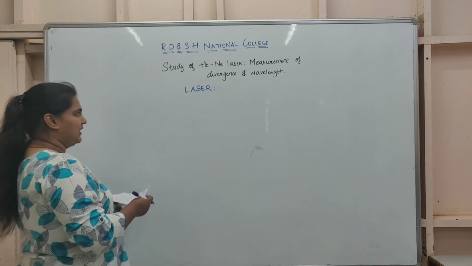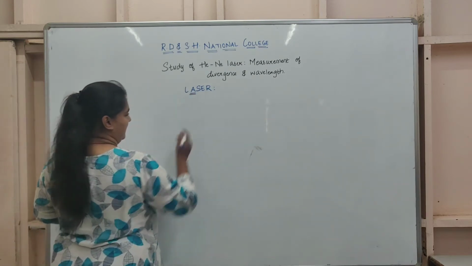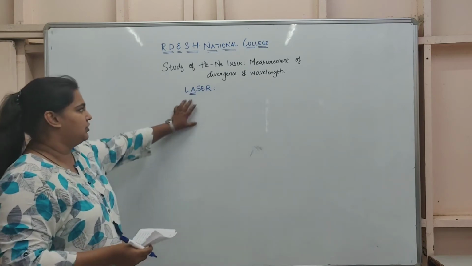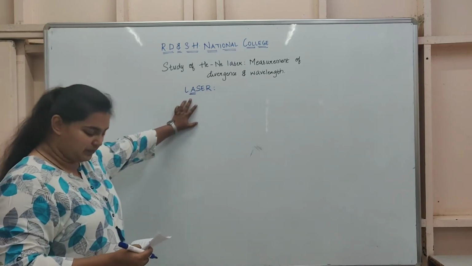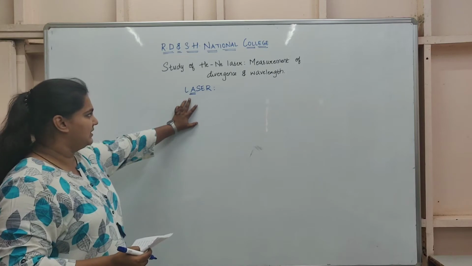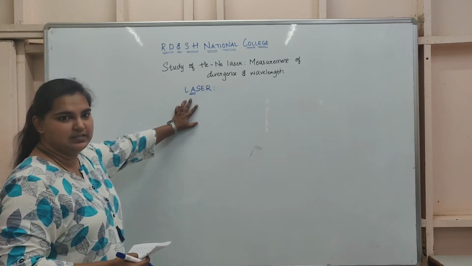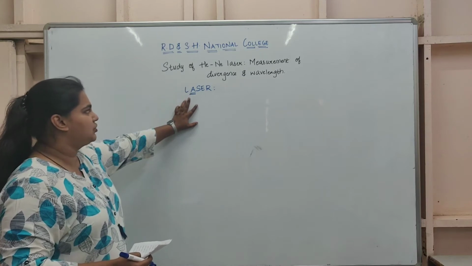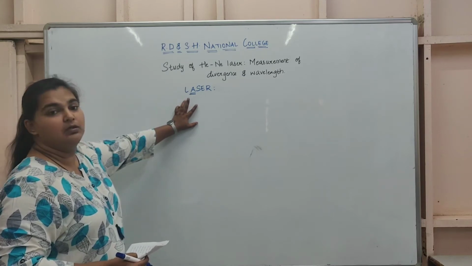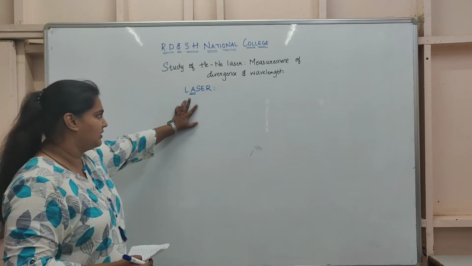When I say optical amplification, there is an optical amplifier which amplifies the signals without converting them into electrical signals. There is a direct amplification of optical signals without converting them into electrical signals.